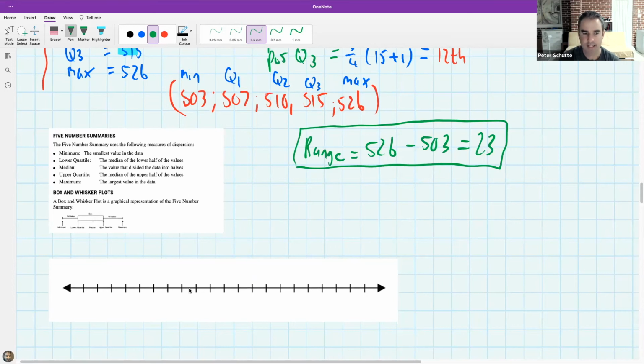And I need to have a number line that basically starts before my lowest value, which is 503. So maybe I'd start at 500. And because I can see that if I go up in twos, it'll probably fit, I'm going to do that. So I'll go 502. Normally in exams, they would give this to you. And so sometimes, I'm actually struggling to fit it in here. Let me zoom in a bit.